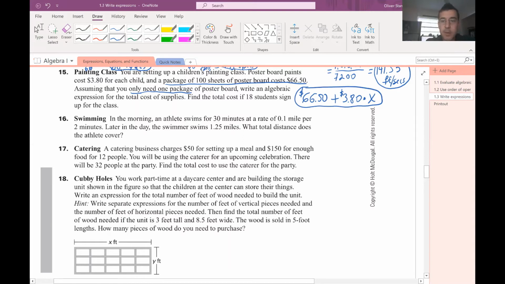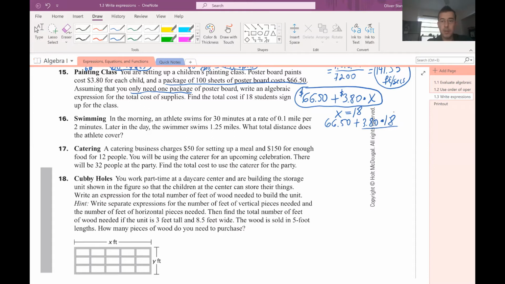And then if x is 18, if we have 18 students, then we just substitute 18 for x here, and we're going to get $66.50 plus $3.80 times 18. We do multiplication first. So let's do that. We have 3.8 times 18.